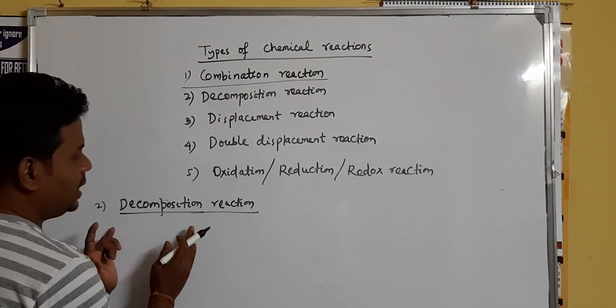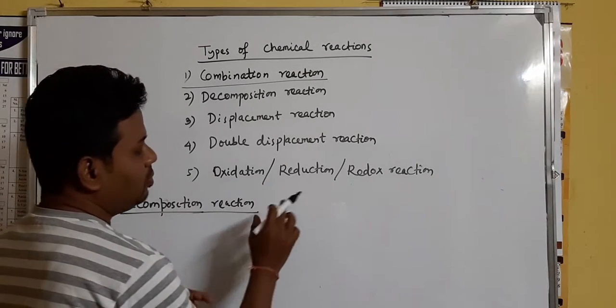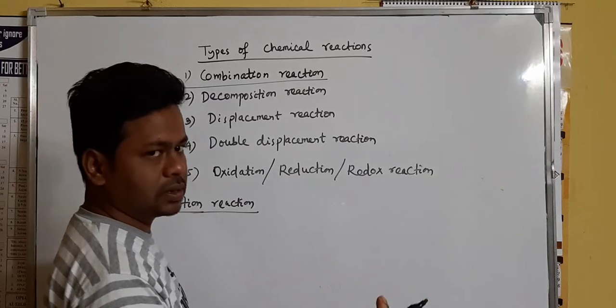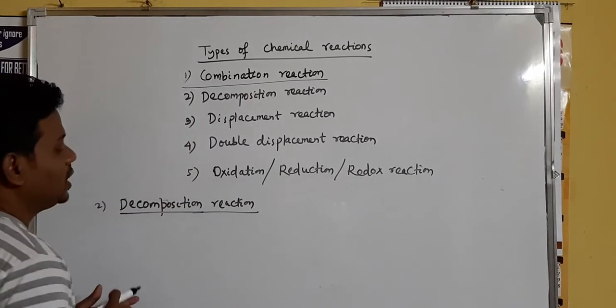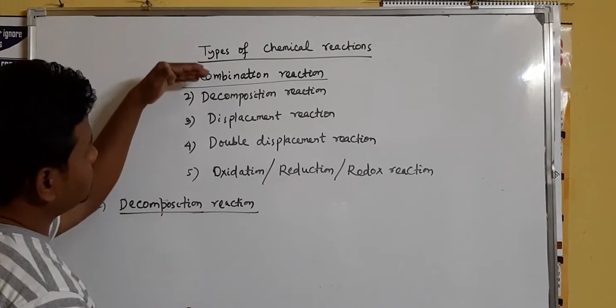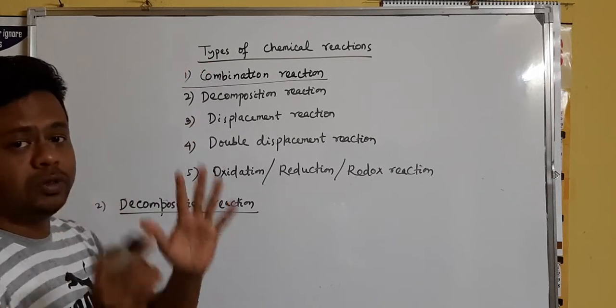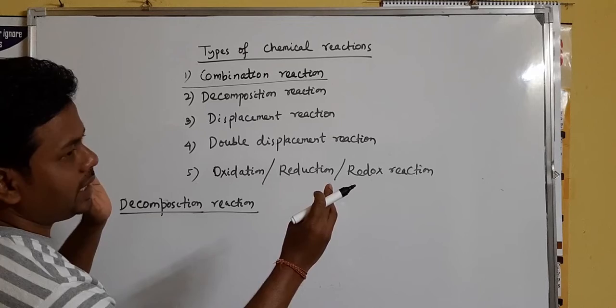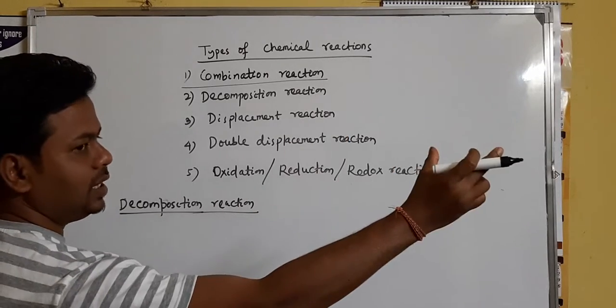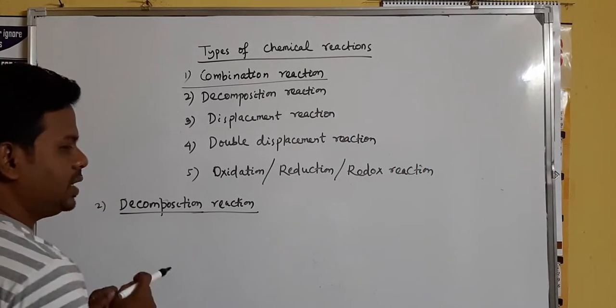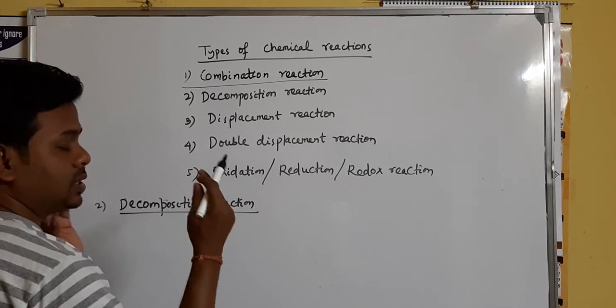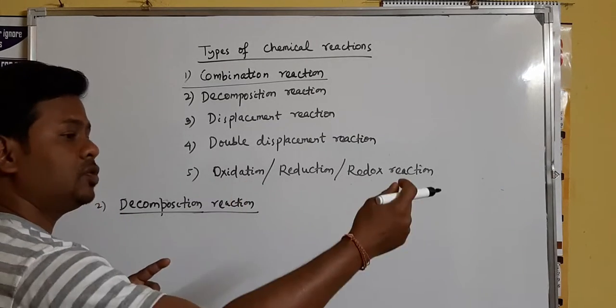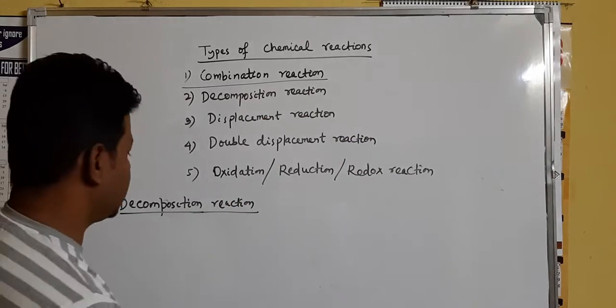A single reactant breaks to form two or more products. Then it is called decomposition. So combination and decomposition are just opposite to each other. In a combination reaction, two or more reactants combine to form a single product, whereas in a decomposition reaction, a single reactant breaks to form two or more products.